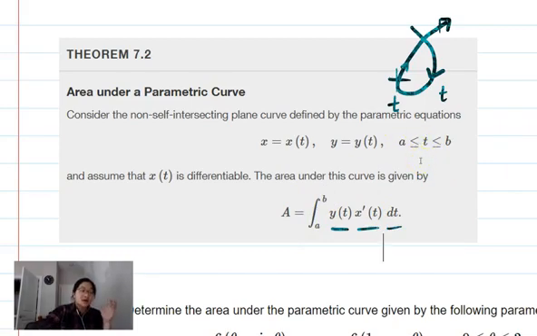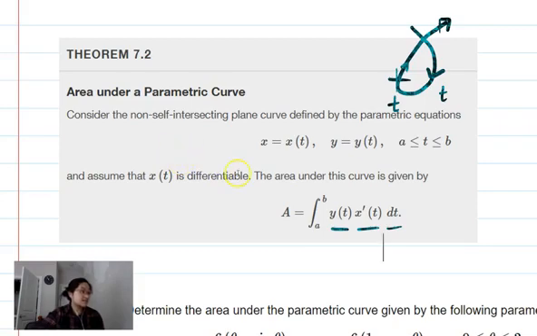So our t, our parameter. So our bounds and everything in our integrand and what we're integrating with respect to are all in terms of the exact same thing. They're all with respect to our parameter. So what we're dealing with here should only be in terms of t's. And if you don't have your integrand only in terms of t's, then you need to do some more substitutions so that you can actually integrate the thing that you're looking to integrate.